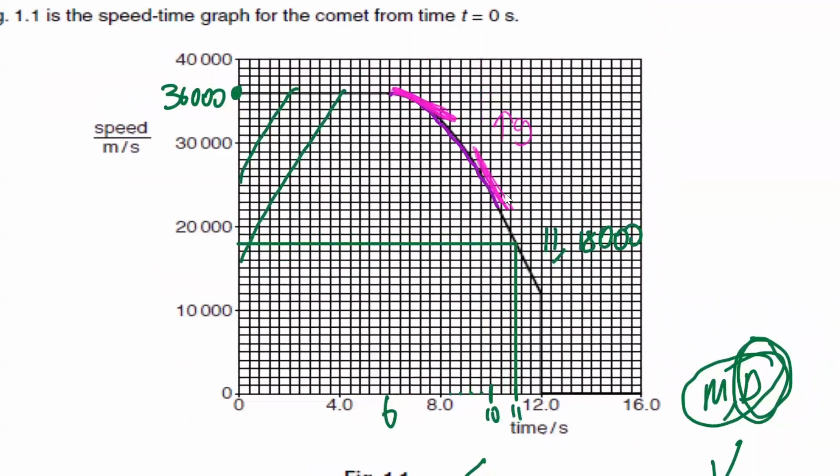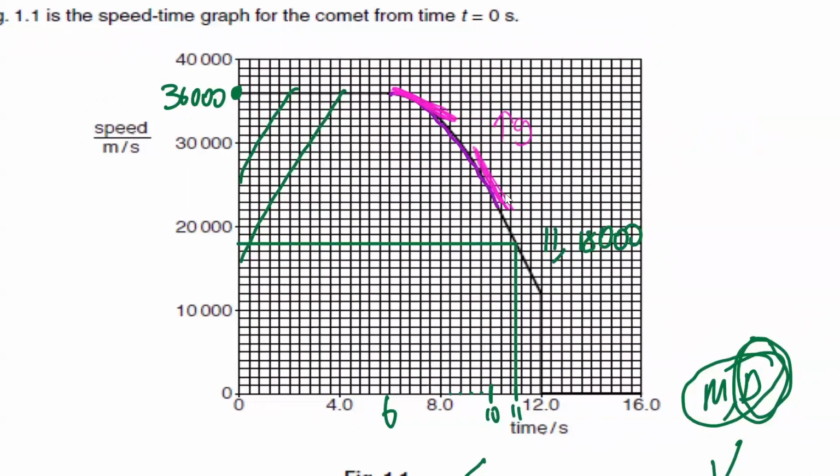They'll tell me it's going to be 3,600 minus 18,000 divided by 11. This working will only be true if the graph is like this, right? Then it will be 3,600 minus 18,000 over 11, which is clearly not the case here.